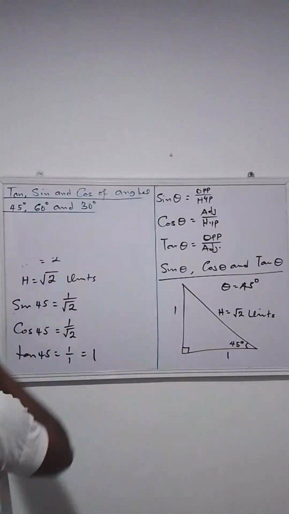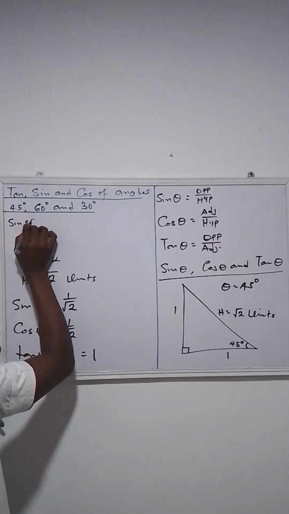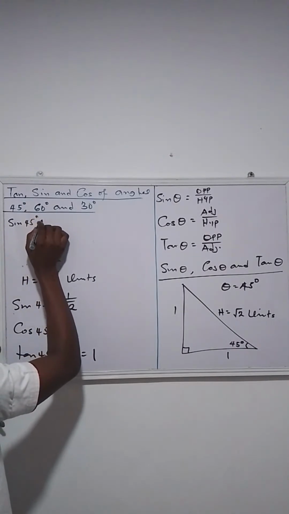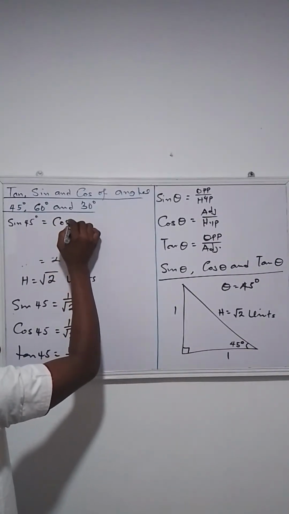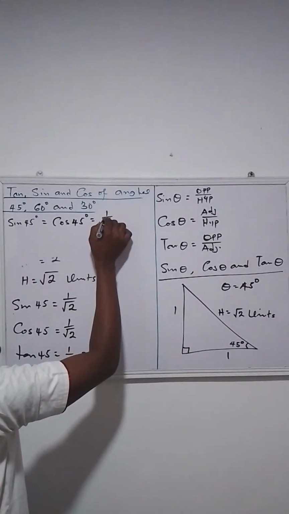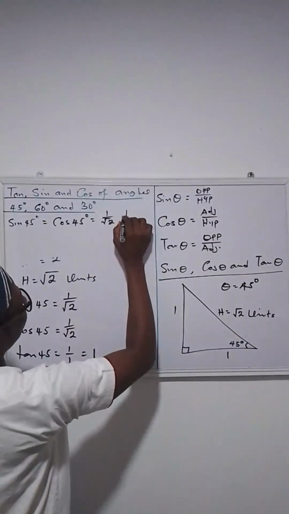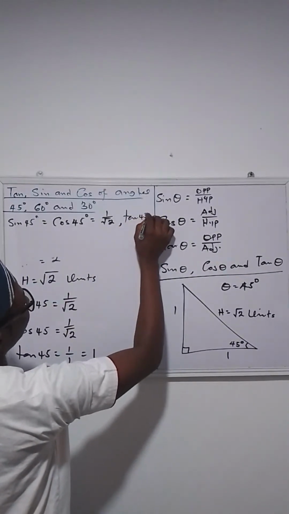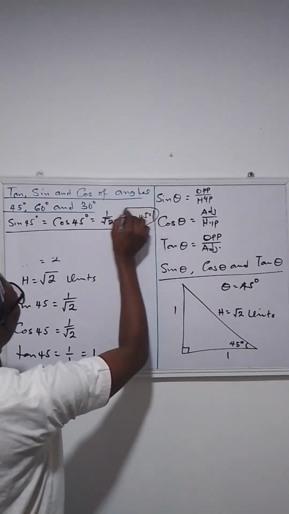Sine 45 degrees equals cos 45 degrees equals 1 over square root of 2, and tan 45 is 1. Let's take note of this. We are still going to refer to it.